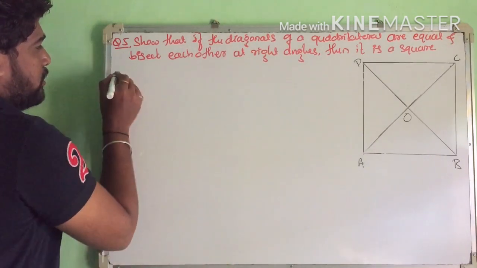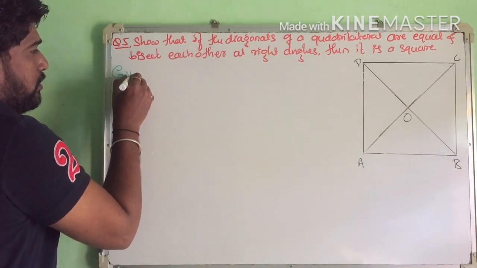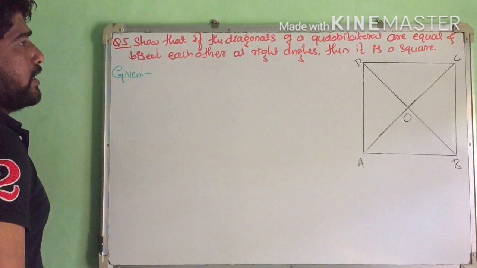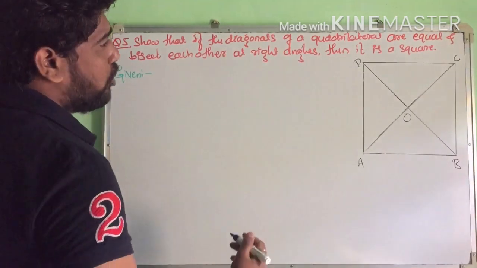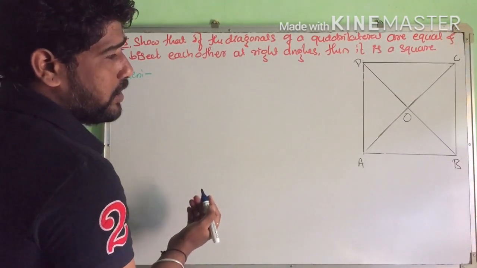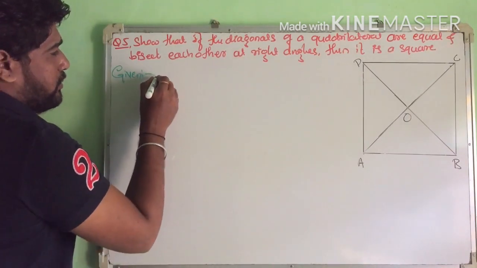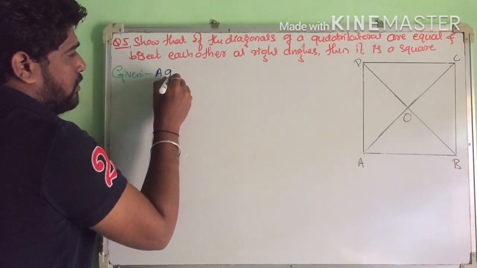So first write down here given. So what they given here? A quadrilateral ABCD in which the diagonals bisect each other.